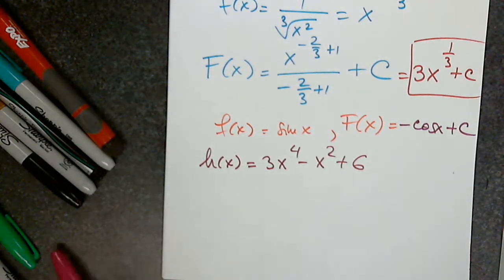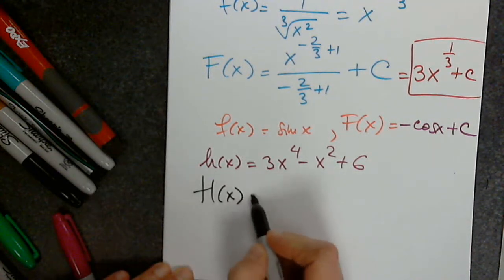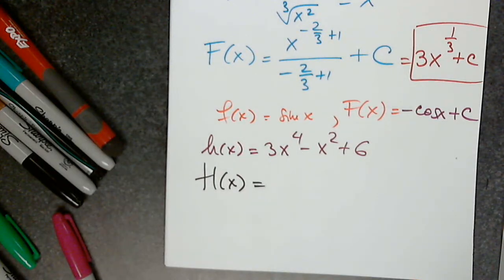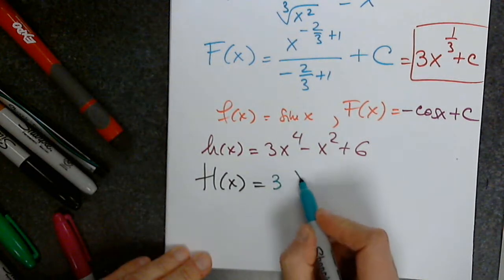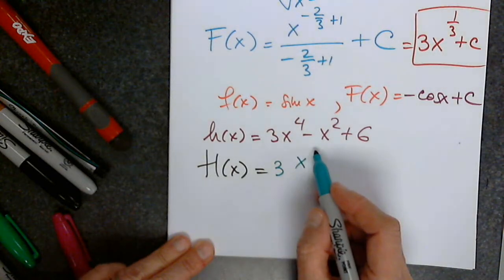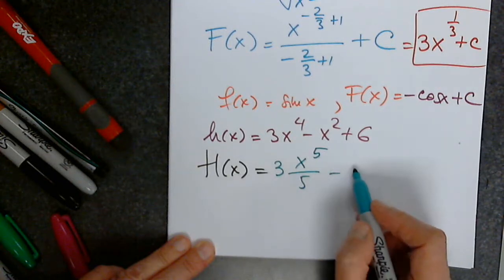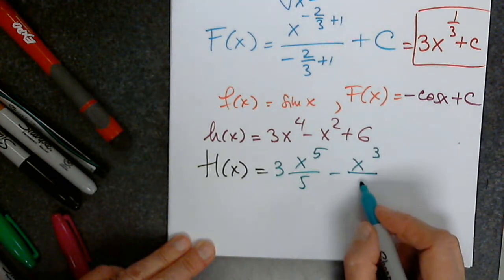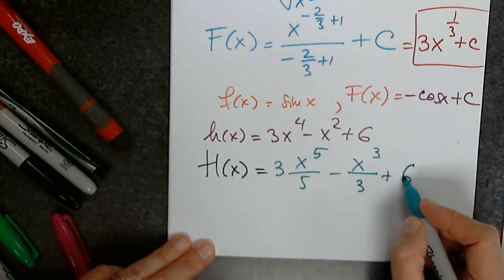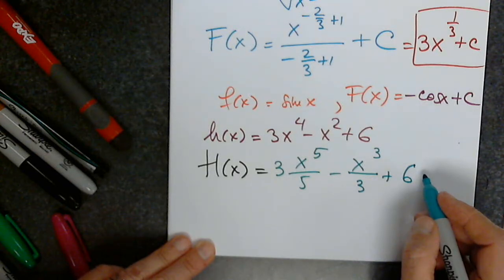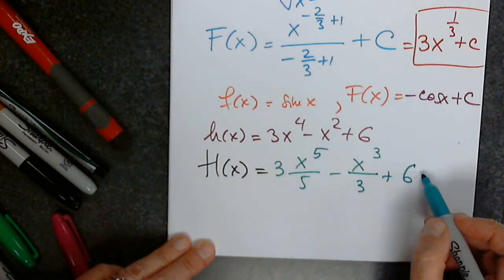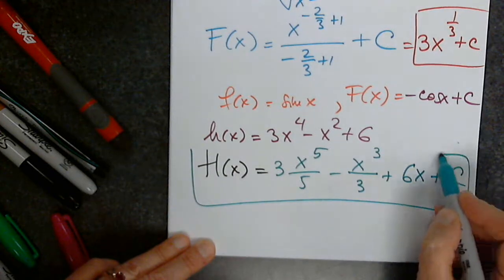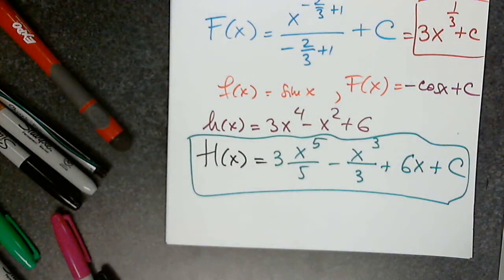We want to find the most general antiderivative of this function, and we will denote it by uppercase H. So it's 3x raised to the 5 over 5 minus x raised to the 3 over 3 plus, what function prime is 6? Very good. Plus a constant c.